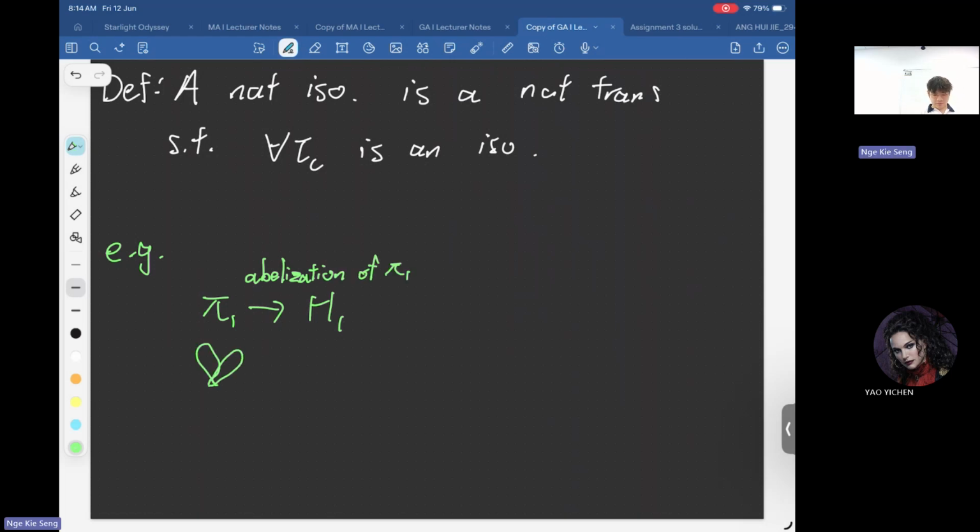This one is a space of loops. And then the other one, you can think of it as a module of simplices, or if you like, it's the building blocks of your topological space.